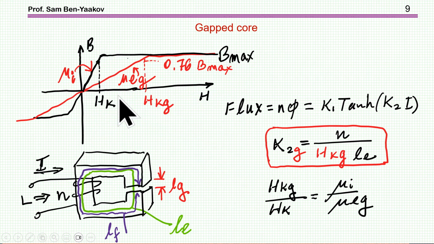So what really happens here, you might say that at this point at which the argument of the tangent hyperbolic function is 1, this point is moving from here to here. Now it is moving by the same ratio as the permeabilities. Okay? So we know what is the permeability of the ferrite.